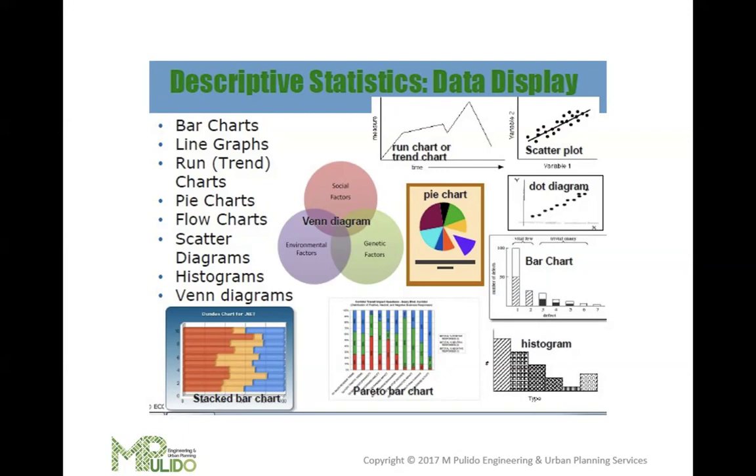Data display is important in descriptive statistics as it helps to visualize data, making it easier to understand patterns, trends, and relationships. So various types of charts and diagrams are used to present data effectively.